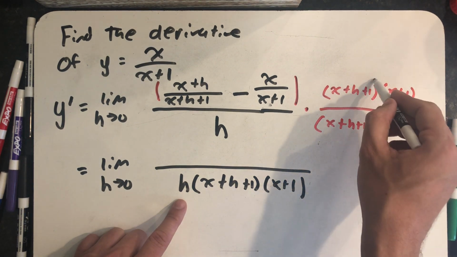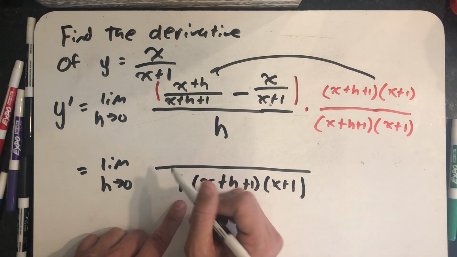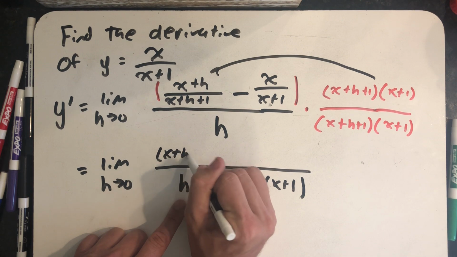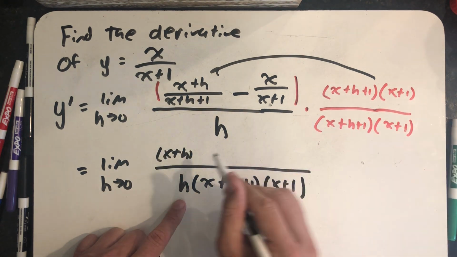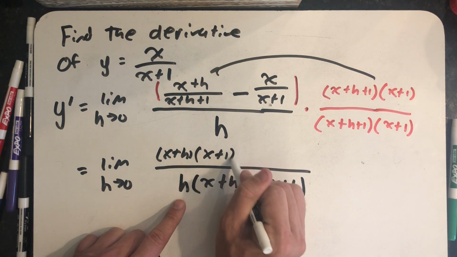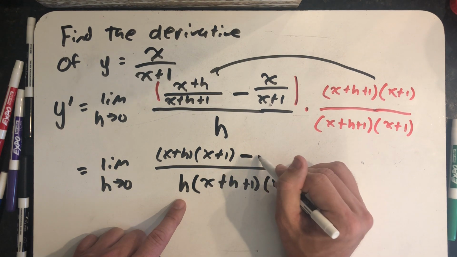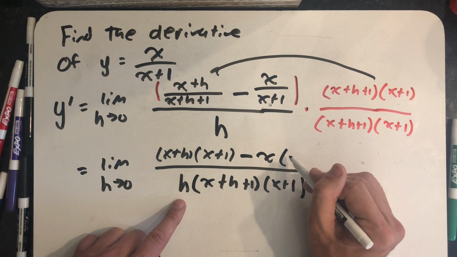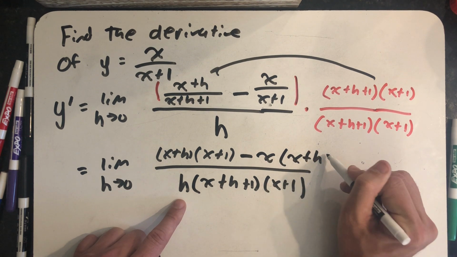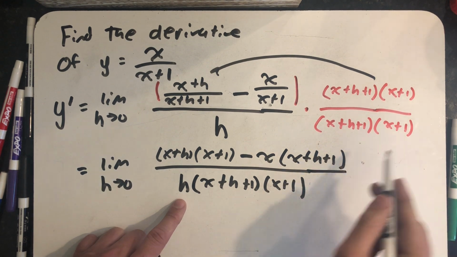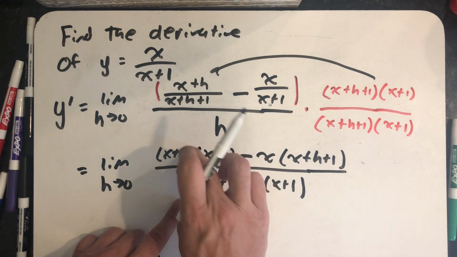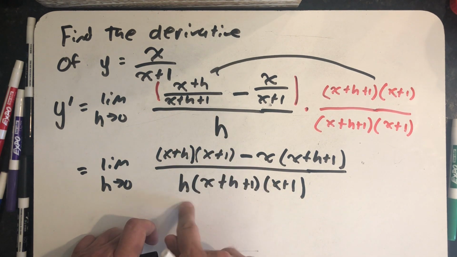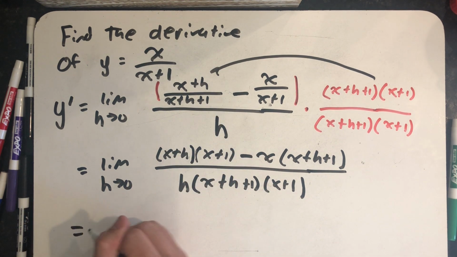All right, so on the top I distribute, and I get that x plus h. This part cancels, and I'm left with that x plus 1 minus x times the x plus 1's cancel, and I'm left with the x plus h plus 1. I need to simplify the top so that I hope I can cancel that h off the bottom.